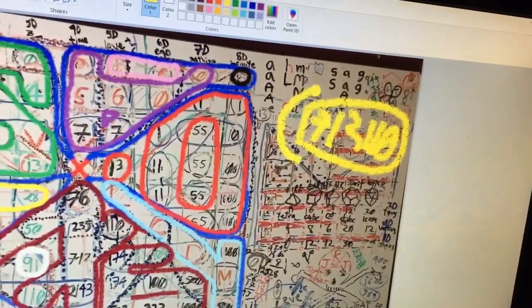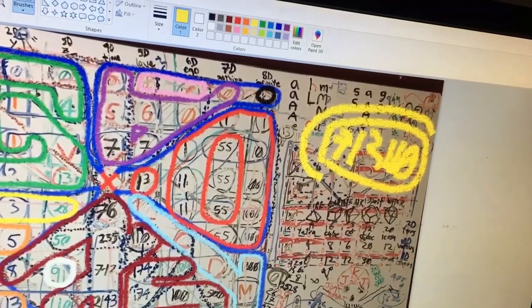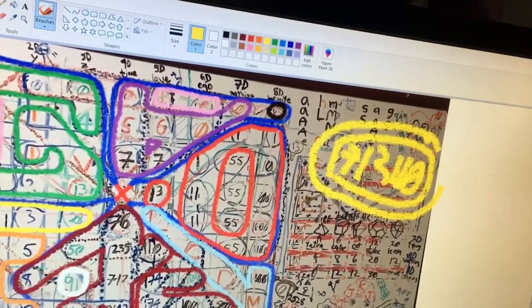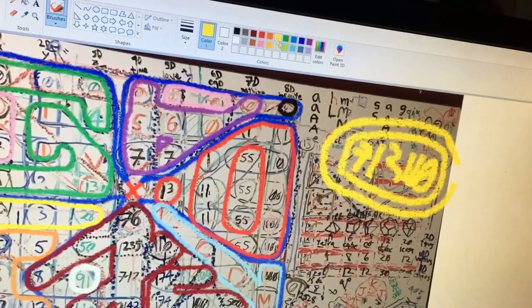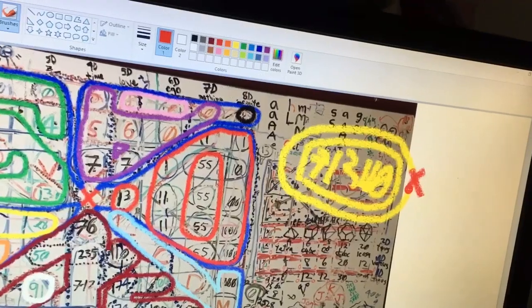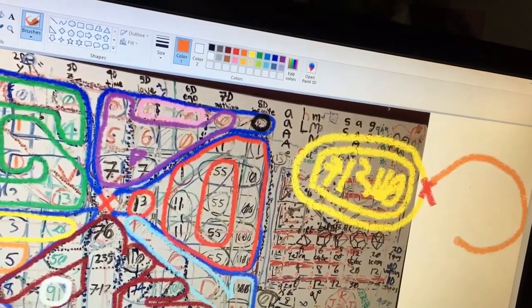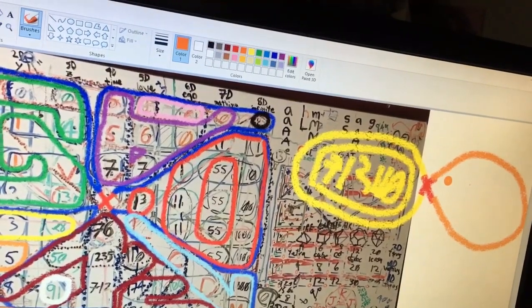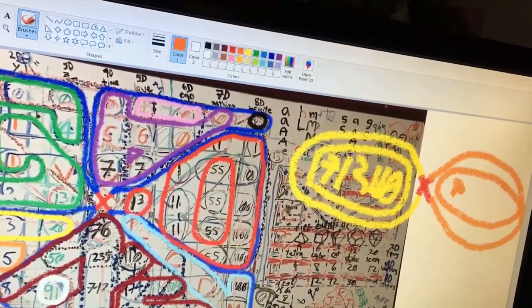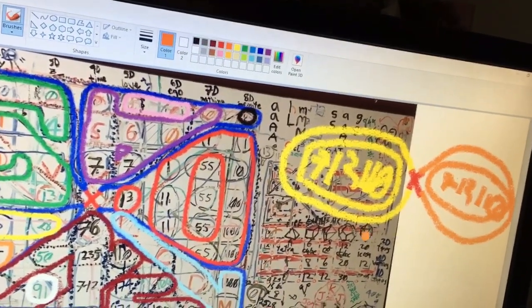And this C is going to reach out, and it's going to want to meet up with something, let's say an X. You need your red X here, and it's going to hook up with this orange thing. And this orange thing in here is also going to be another circled 7, 13, 110.